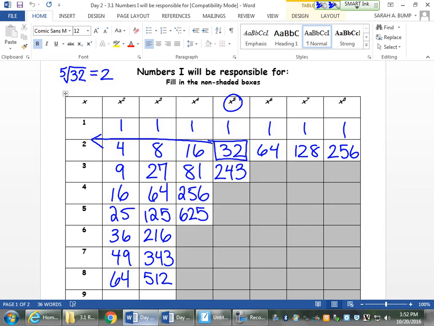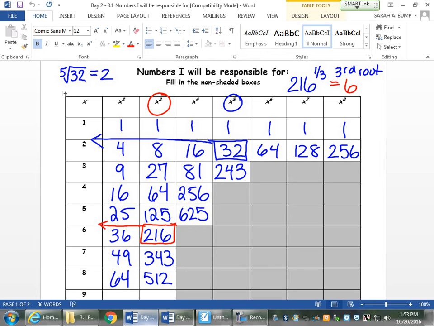So I could ask you to find 216 to the 1/3. This means find the 3rd root of 216. So you would go to the x cubed column, look down until you find 216, and look all the way over to the left. So the cube root of 216 is 6.